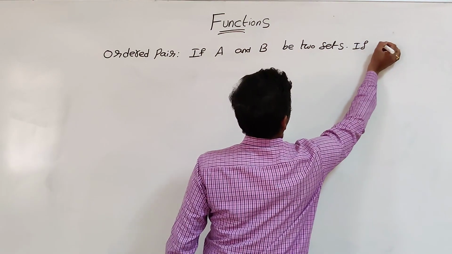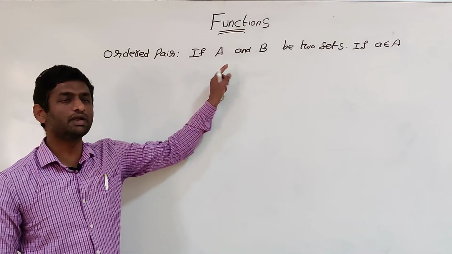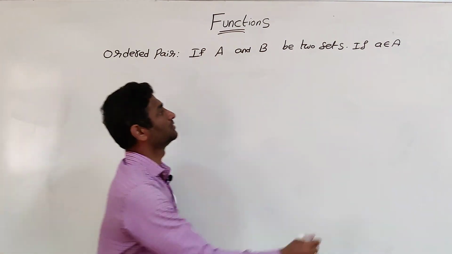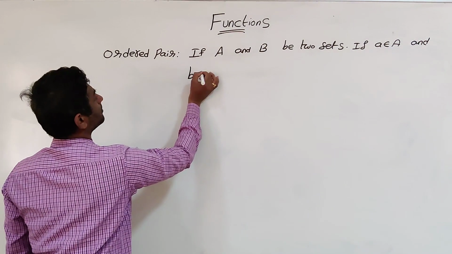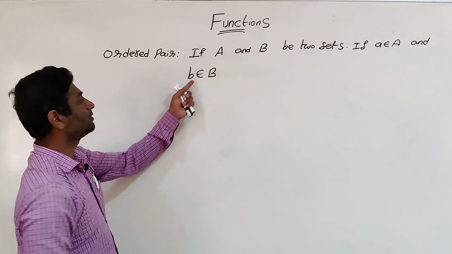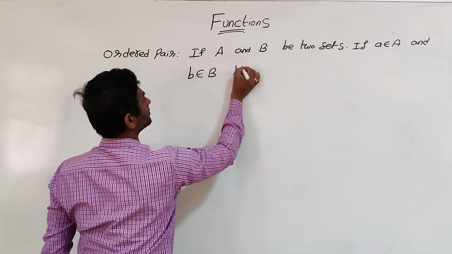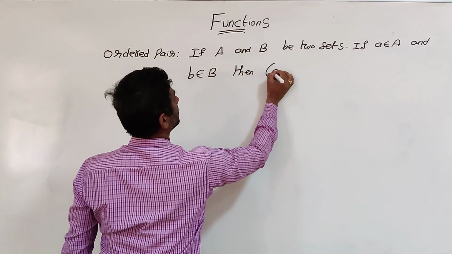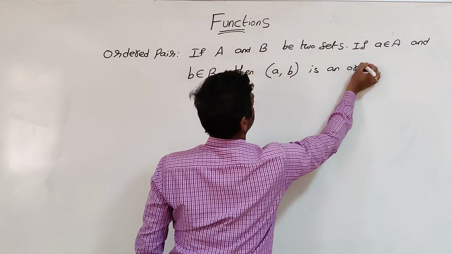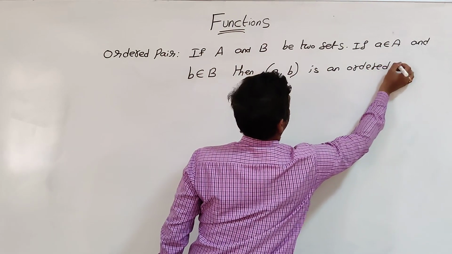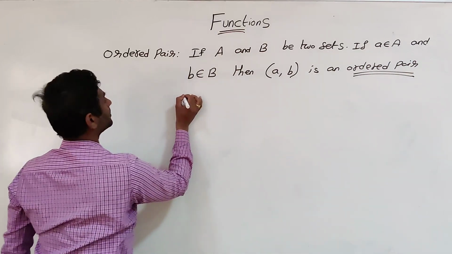If a belongs to capital A, meaning one element from set A, and b belongs to capital B, another element from set B, then (a, b) is an ordered pair.